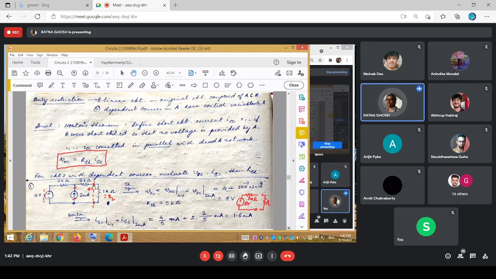Due to the second one, this is again a short. Okay, this is also a short. So you have current divided in both these branches. So current division. So current through this branch would be nothing but 2 by 2 plus 3, 5, of this 2. So 2 by 5 of this 2 milliamperes, and sum total you would have 1.6 milliamperes. So your equivalent representation would be a current source.